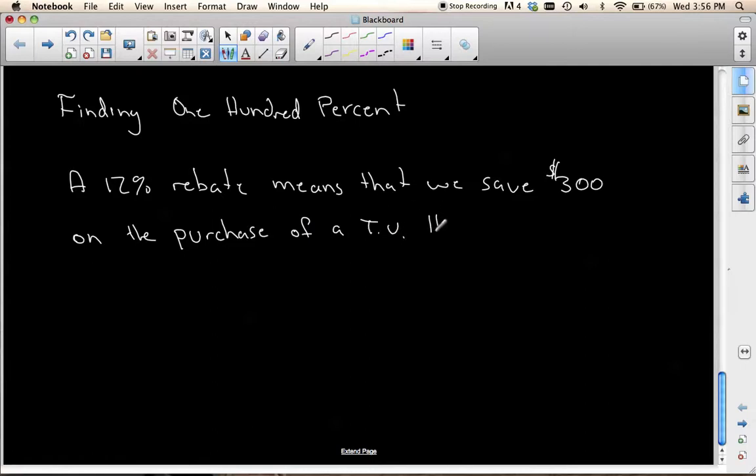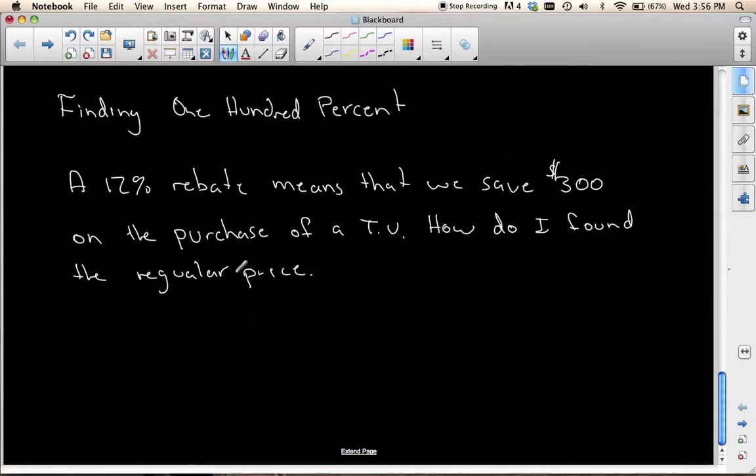How do I find the regular price? So how do I find how much that TV costs before the rebate? Because I don't know what the full price is, all I know is the rebate.